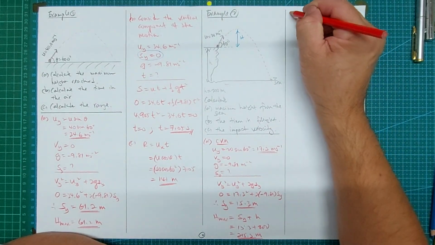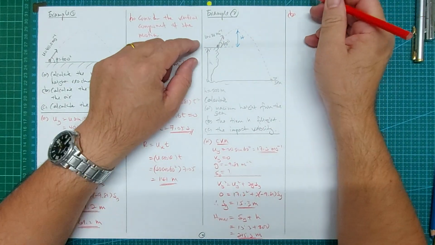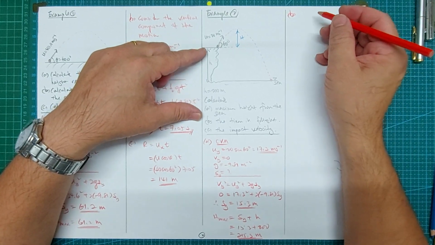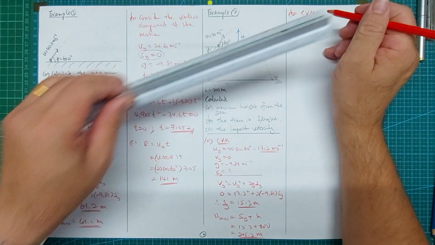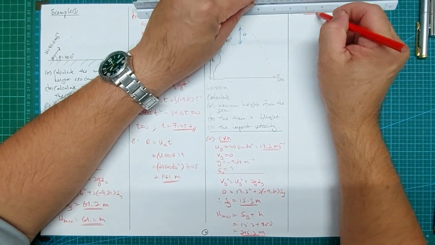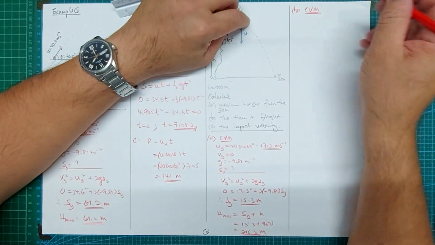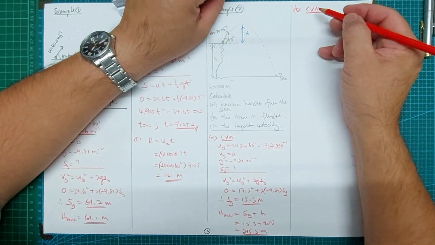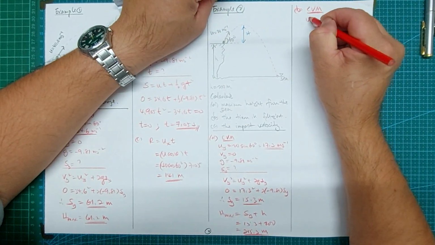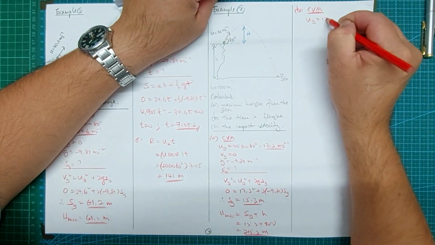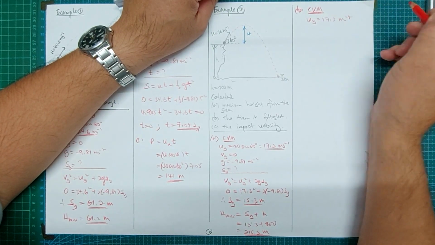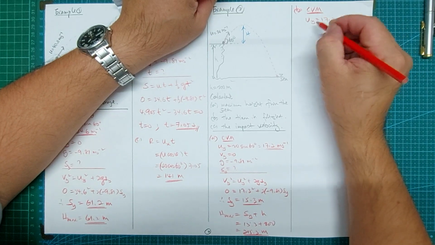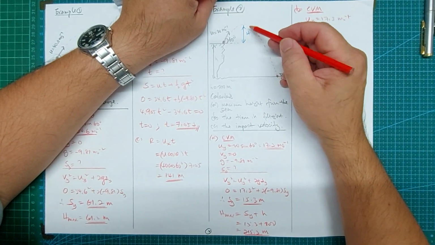Next one, B. B is the time in flight. Now we still consider vertical motion. Realize that most of the time when we deal with projectile motion, we need to consider vertical motion. Uy just now is 17.3 meter per second. And then we have what? It goes up and down.